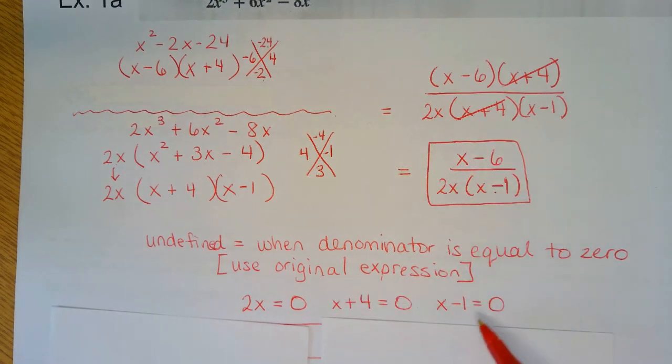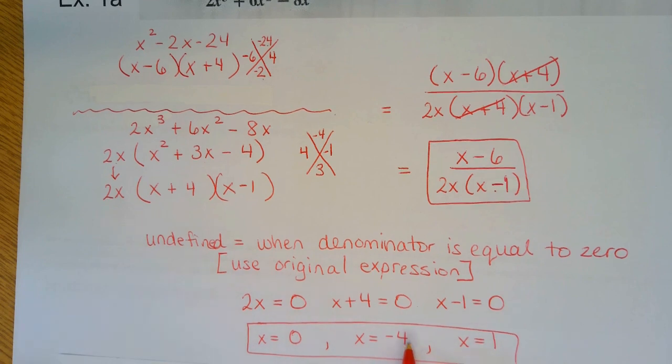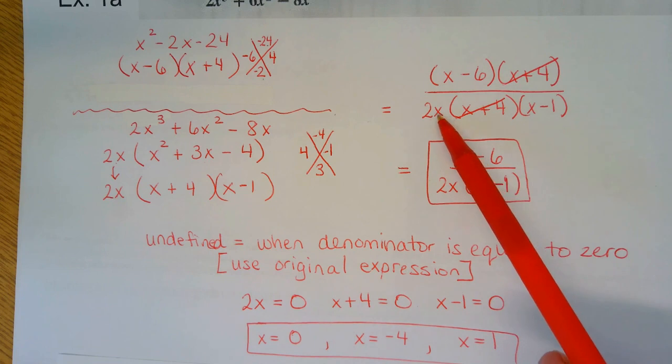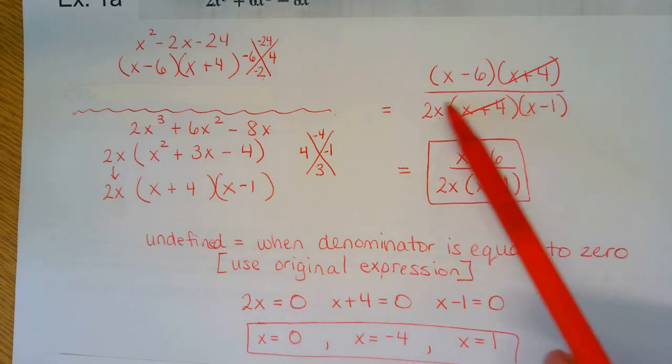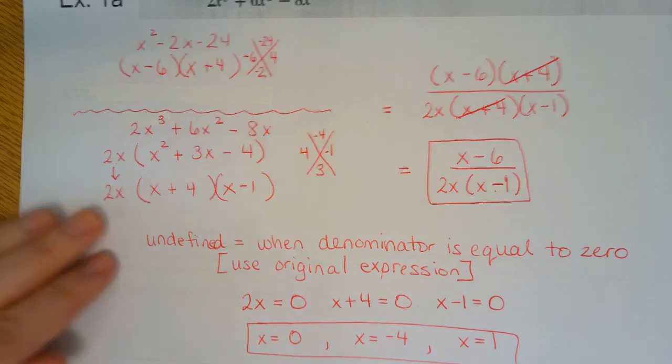So 2x equals 0, x plus 4 equals 0, and x minus 1 equals 0. And then you're just going to solve them. So I would be undefined when x is equal to 0, x is -4, and x is +1. Because again, undefined would mean when I plugged in these values, it would give me a 0 in the denominator, and you can never divide by 0.